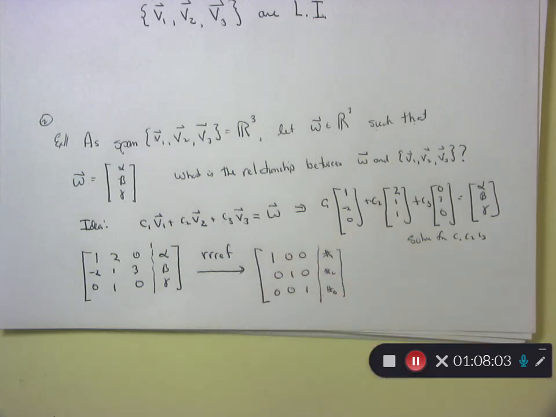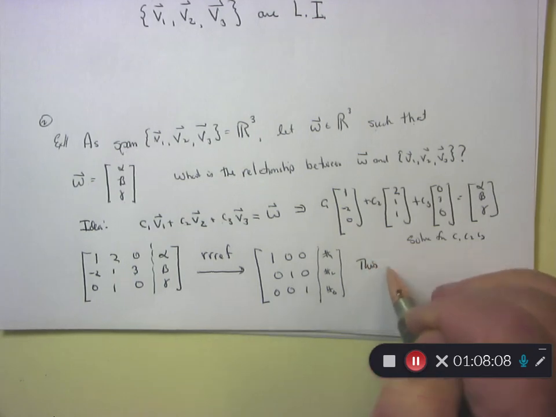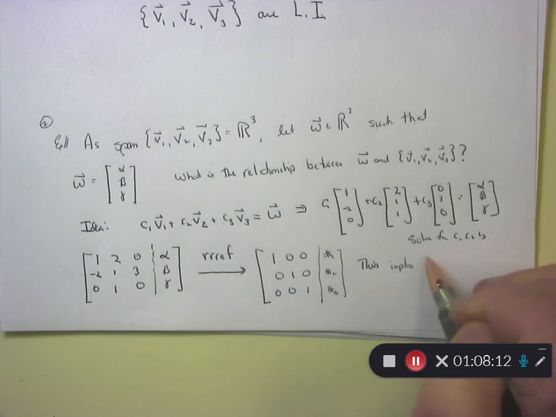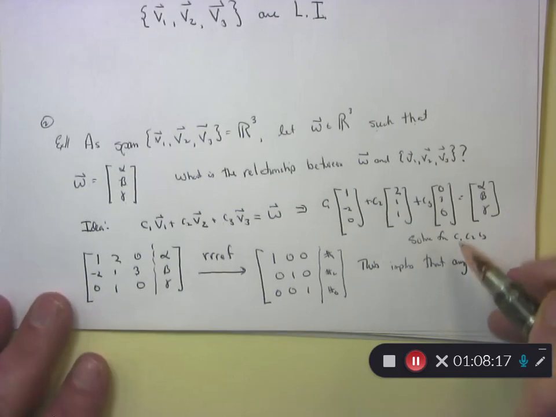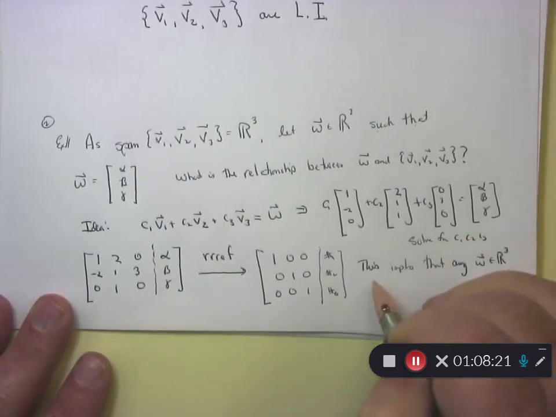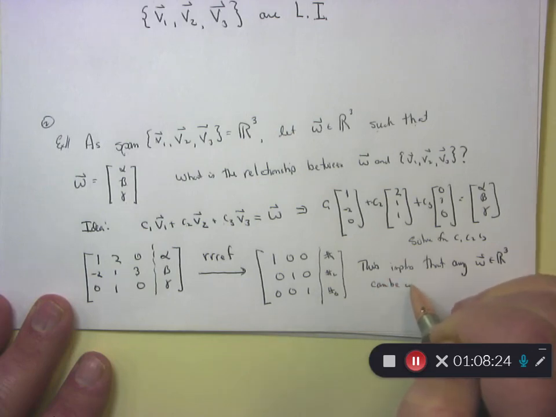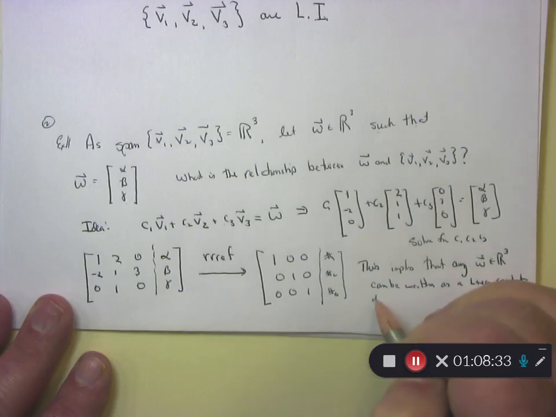So, once you get this right here, this will imply that any W in R3 can be written as a linear combination of V1, V2, and V3.